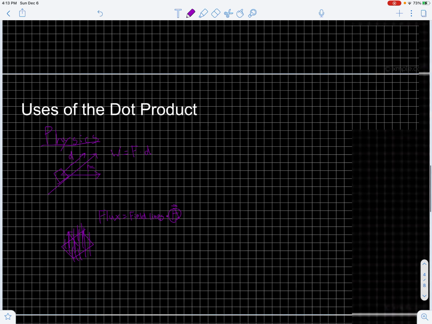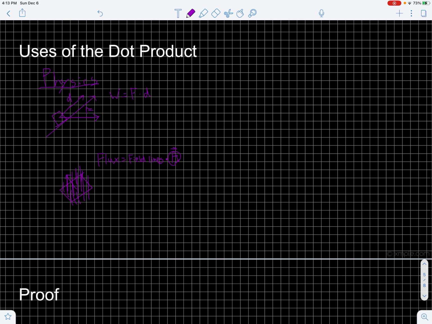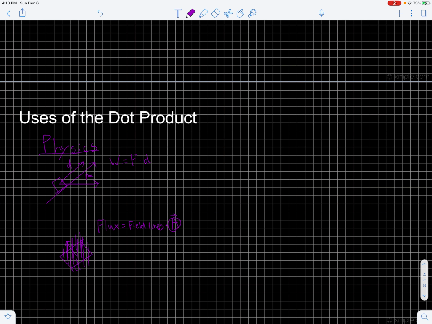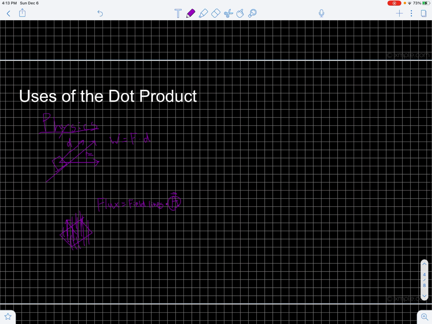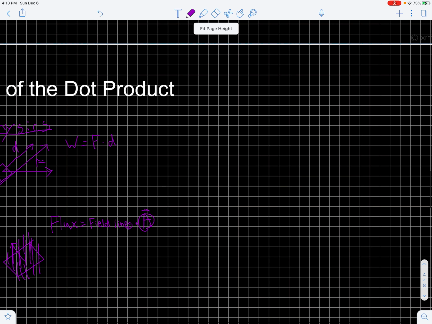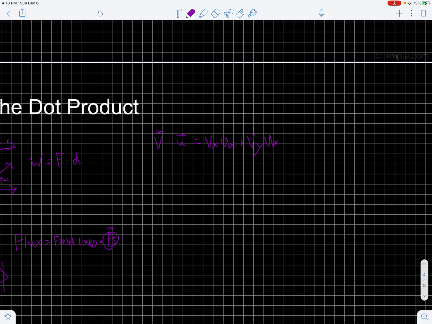But what the dot product is used for, like in math, is to find the angle between two vectors. Now, how do we do that? Now, v dot u equals vxux plus vyuy, and we'll keep this in 2 space for now just to make it a little bit simpler, but the same holds for 3 space.